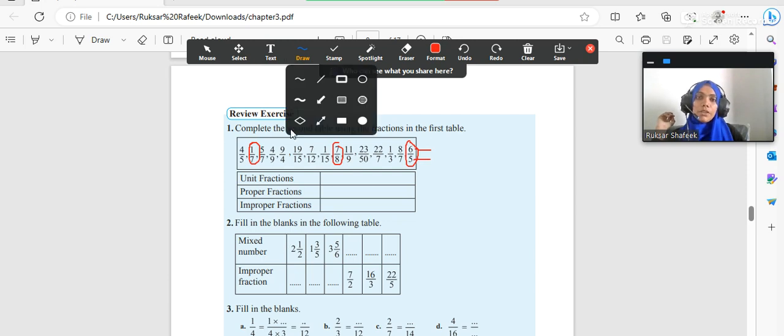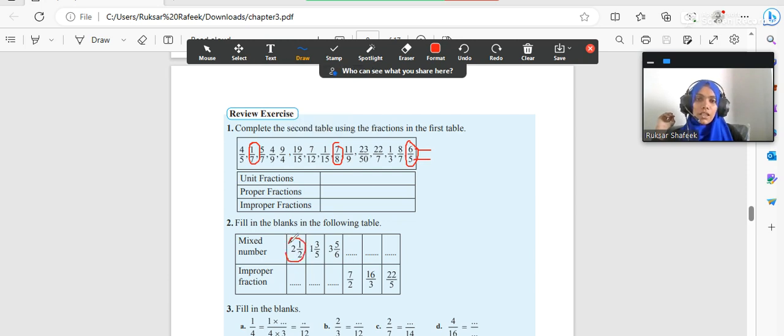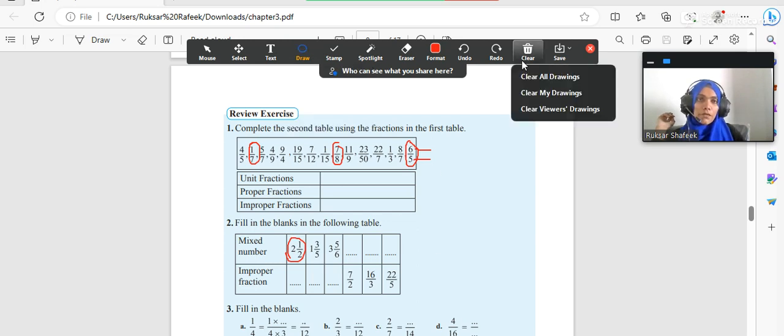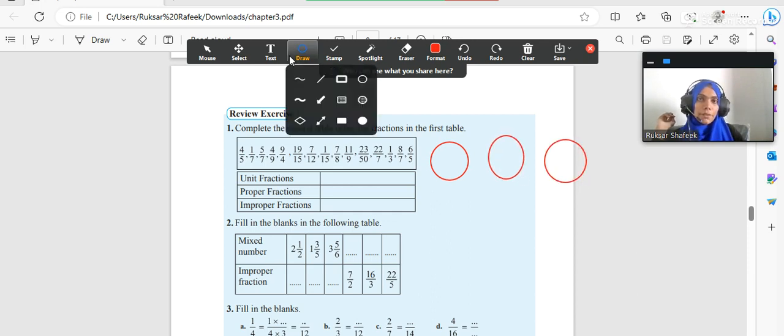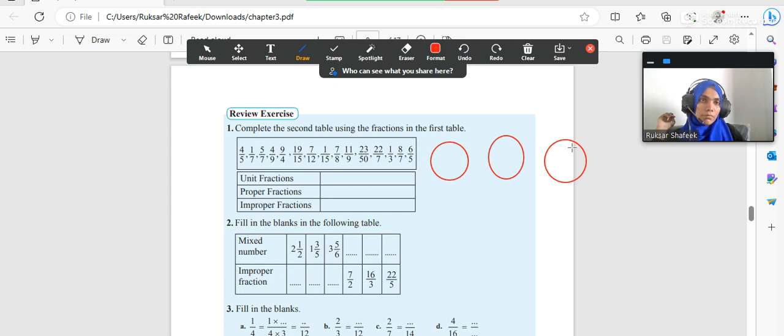For example, look at 2 and a half. You can take this as 2 whole circles. Say I have 3 pizzas, where I eat 2 and a half of them: 2 wholes and then only a half. Now if I want to show this as an improper fraction, I'm going to divide all 3 pizzas into halves.